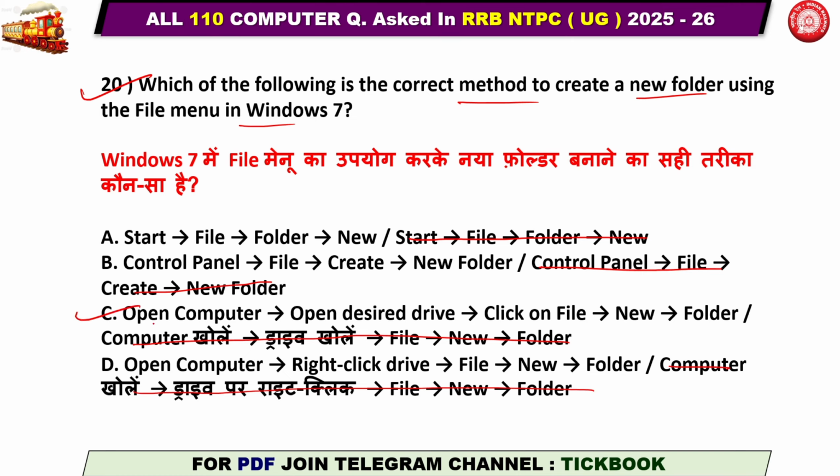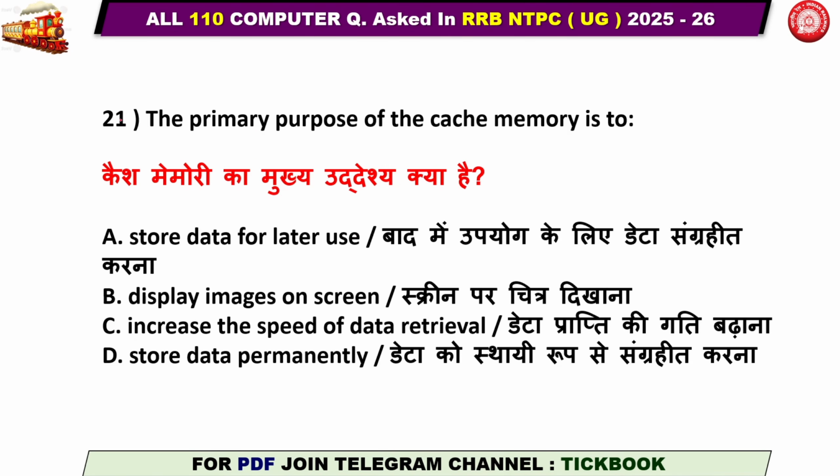Option number C, open computer, open desired drive, click on file, new, and then folder. 21. The primary purpose of the cache memory is to. Option number C, increase the speed of data retrieval.